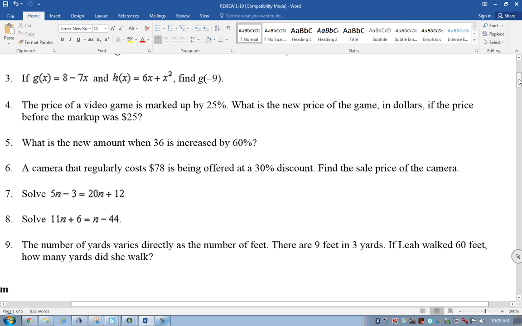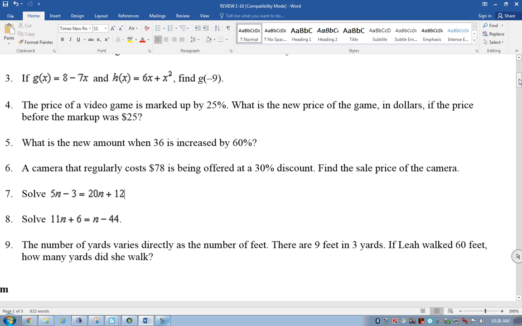Number 4, the price of a video game is marked up by 25%. What is the new price of the game in dollars if the price before the markup was $25? What am I going to do with 25? Not 2.5. 25 times 0.25.